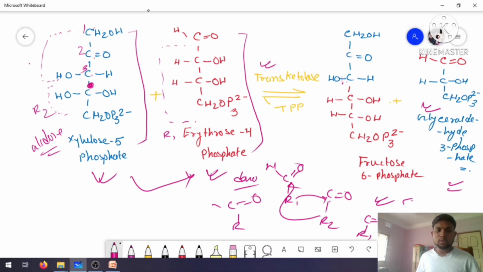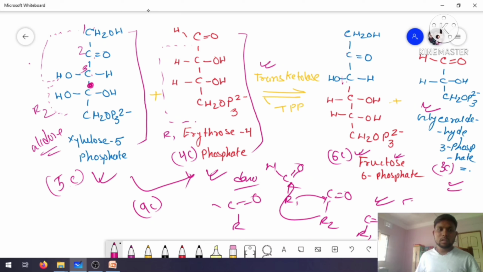So xylulose 5-phosphate, this is a 5 carbon sugar, and this is a 4 carbon sugar, total 9 carbon. They will rearrange and give a 6 carbon compound, fructose 6-phosphate, and a 3 carbon compound, glyceraldehyde 3-phosphate.